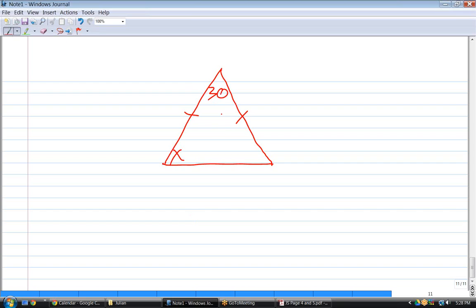Now what is x? Is it 75? See what I mean? You have to get good at subtracting from 180. You have to do it on almost every single geometry problem you encounter. So the better you get at subtracting a number from 180, the better you're going to do at geometry.